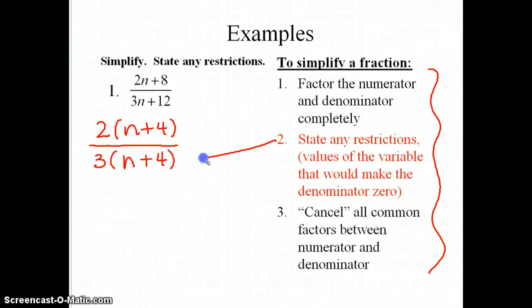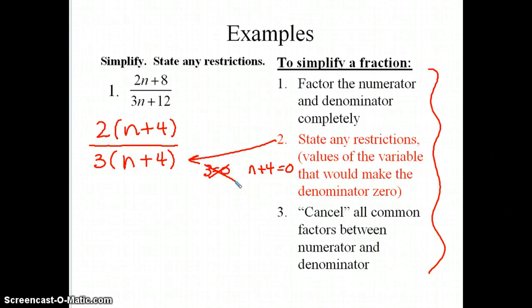Step 2 deals with the denominator. I look at each of these, and I can set each factor equal to 0 to see what would create a restriction. 3 equals 0 does not work. 3 will never be 0, so I don't have to worry about 3.